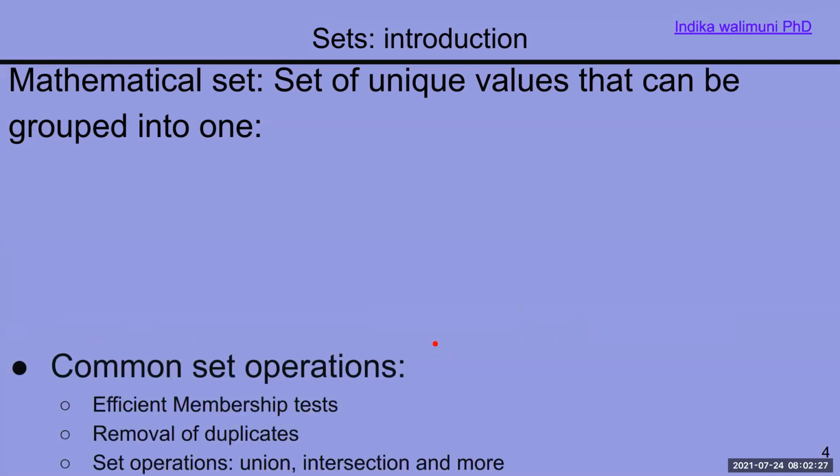There are valuable operations from sets. We can do an efficient membership test. Basically, it's a single instruction membership test. If we test the membership of an element in a list, we check element by element to see which one is in there.